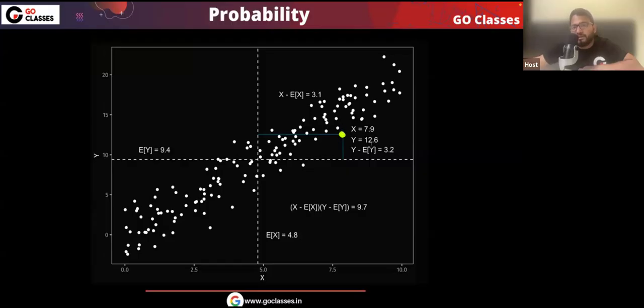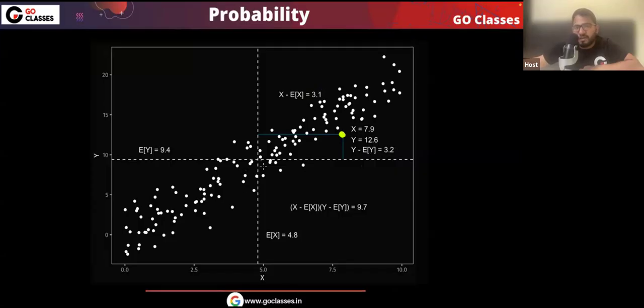Suppose x is this and y is this. Then you will find this quantity x minus Ex into y minus Ey, suppose this is 9.7, and then you need to do it for all of the points. Here x minus Ex is coming out to be 3.1, which means I'm above average, and you are also above average. That's great. So both are above average.